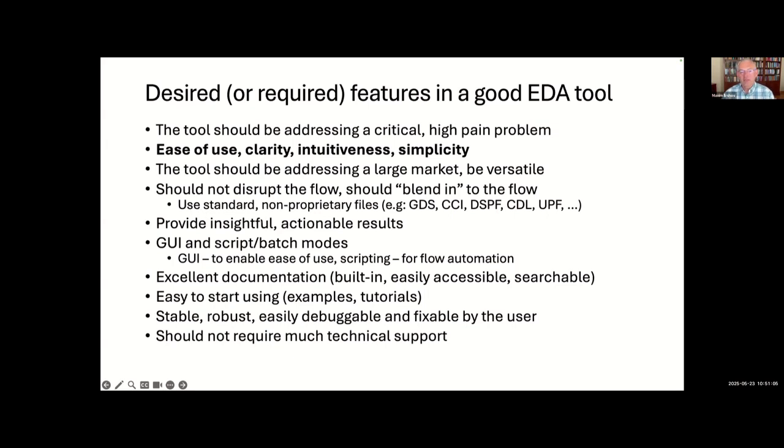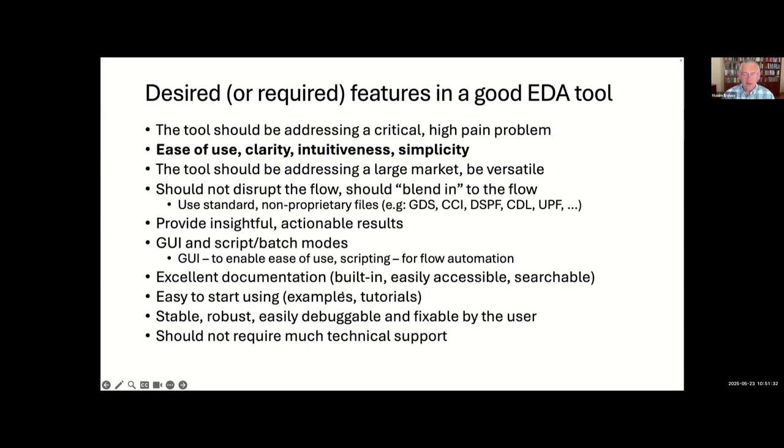The key to that is to use standard non-proprietary open file formats, such as GDS, CCI, DSPF, CDL, UPF, and so on. The output from the tool should be clear, insightful, actionable. Ideally, the tool should have a very nice GUI that will drive the user within the constraints, and also should have script or batch mode in order to automate the flow.